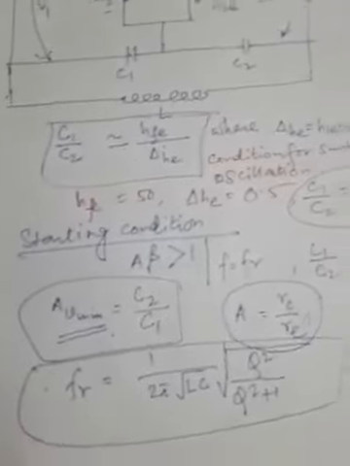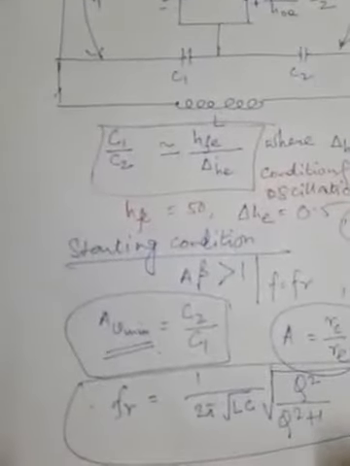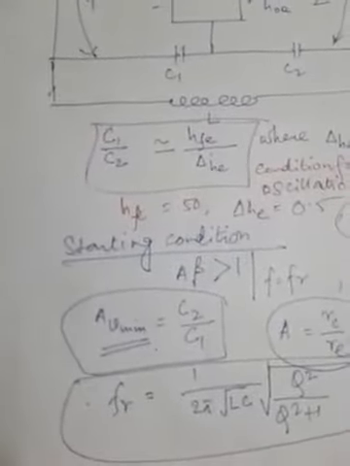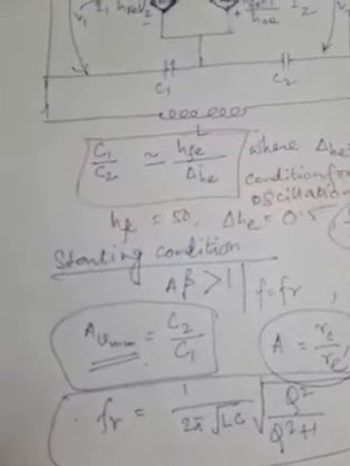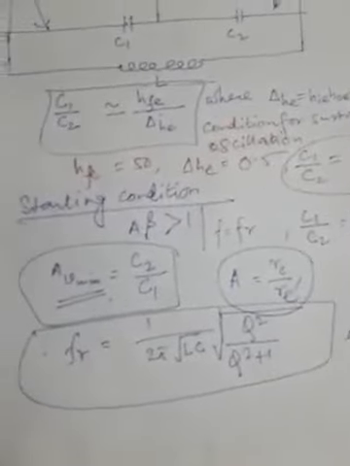This is a more generalized expression where the quality factor is a deterministic value to find the resonant frequency when Q is greater than 10. When Q is greater than 10, this equation will simplify to 1 by 2 pi root over LC. That means the term root over Q square by Q square plus 1 will vanish.